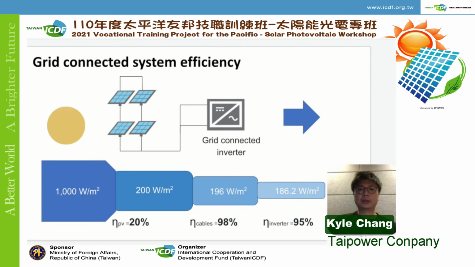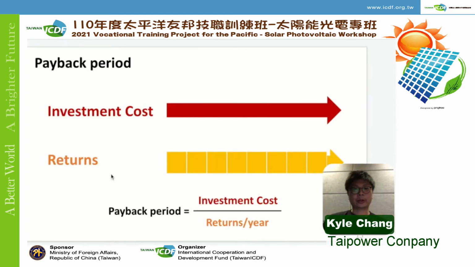This means the incoming irradiance of 1000 watt per meter squared processed by the PV system is going to give us 186.2 watt per meter squared. In other words, our overall system efficiency is 18.62%. And then we'll talk about the photovoltaic economics and the payback period.